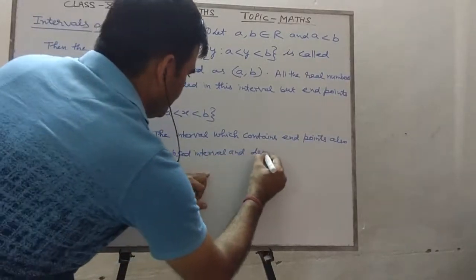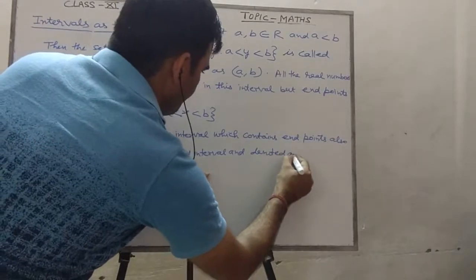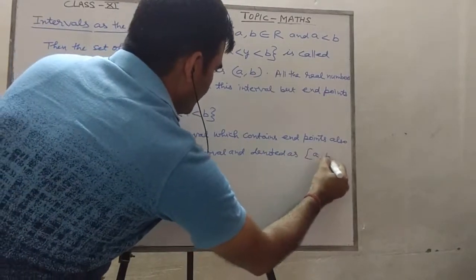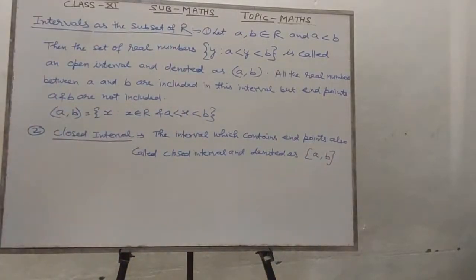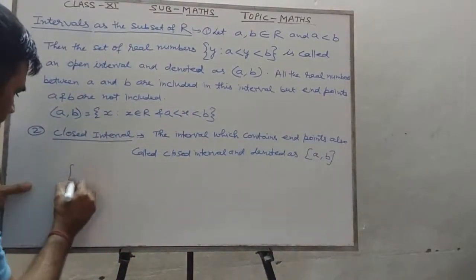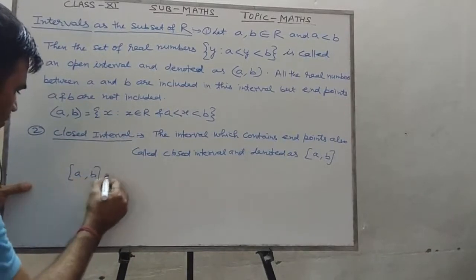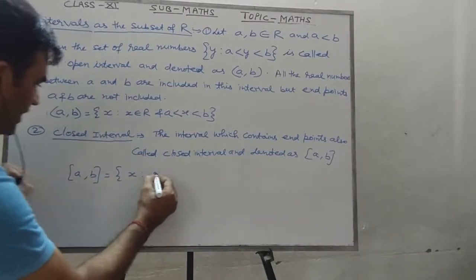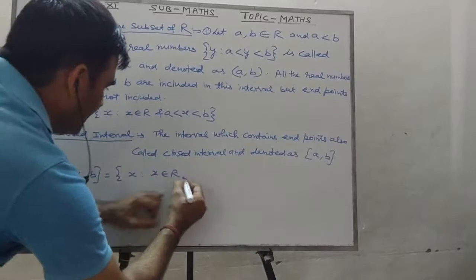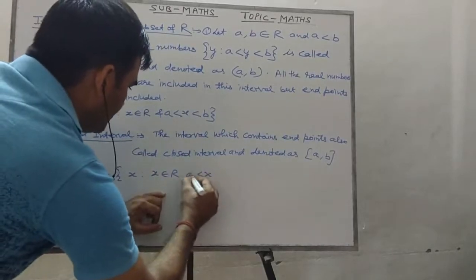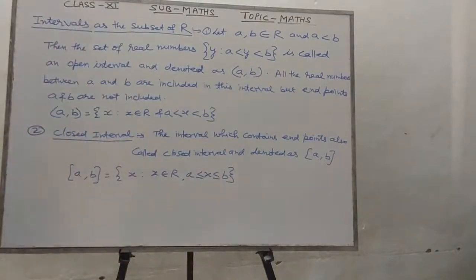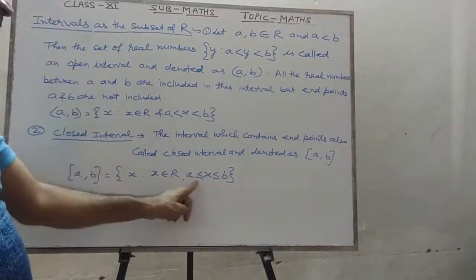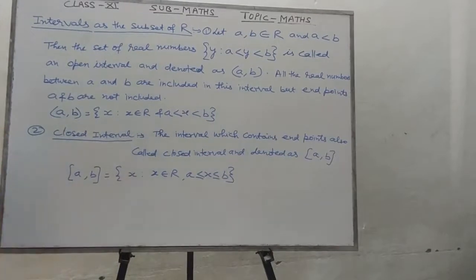And denoted as closed interval. We define the closed interval [a, b] equals x such that x is a real number that is greater than or equal to a but less than or equal to b. Here both points a and b are included in this interval, so this interval is known as a closed interval.